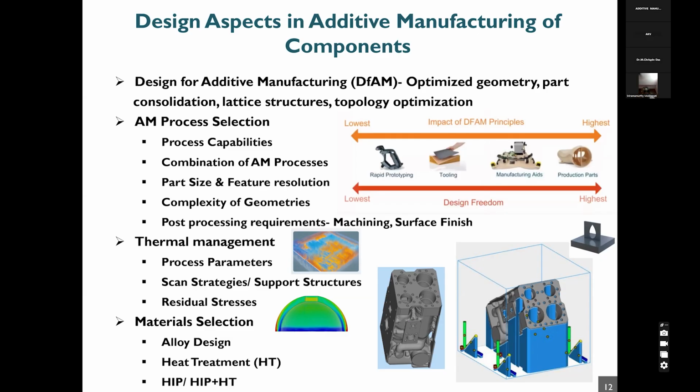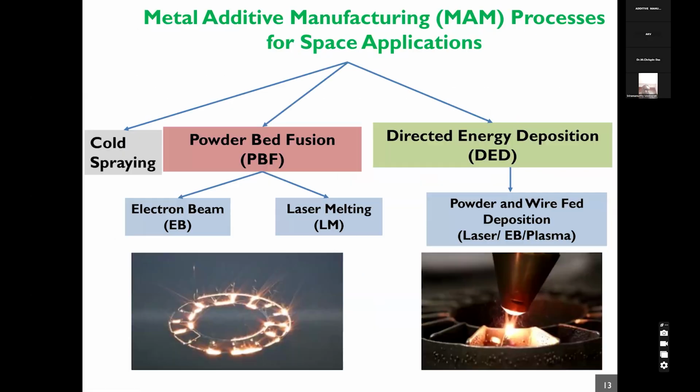So you need to have effective thermal management both during printing as well as during post-processing. And of course, when you talk about material selection, alloy design, heat treatment, and combinations of hot isostatic pressing and heat treatment can vary the mechanical properties. You can tailor the mechanical properties by adopting different combinations of these processes.